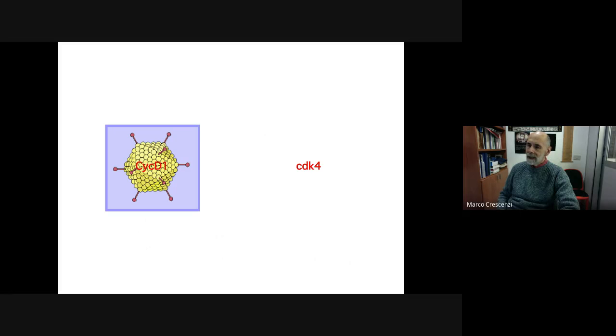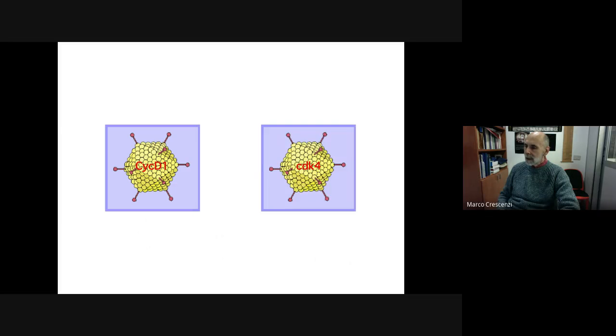And because the adenoviruses had worked so well in the previous experiments, we devised two recombinant adenoviruses, one expressing cyclin D1 and another expressing CDK4. Now, as you probably know, the cell cycle is regulated by various combinations of cyclins and CDKs. This particular one, cyclin D1 and CDK4, is mainly active in the early G1.